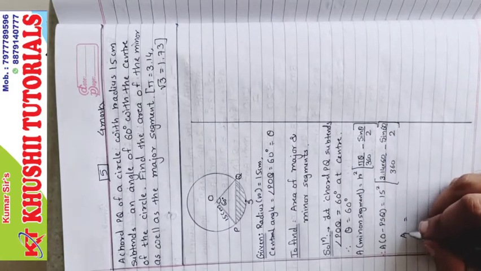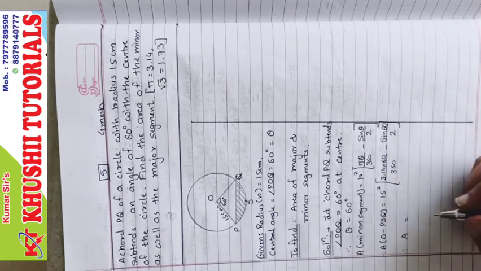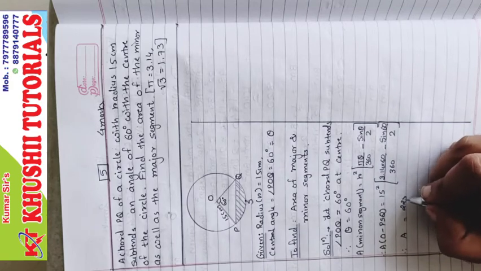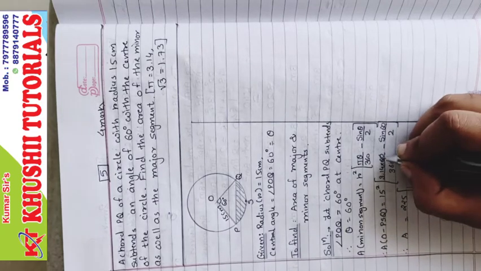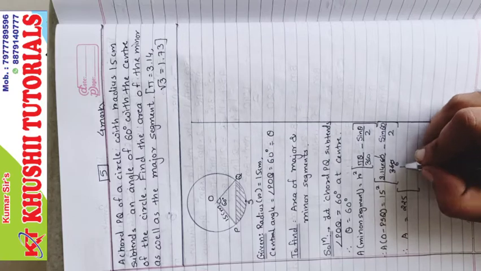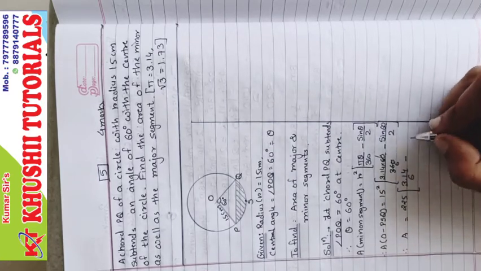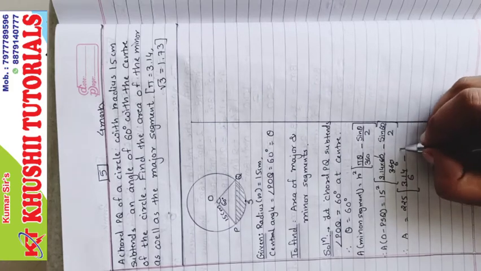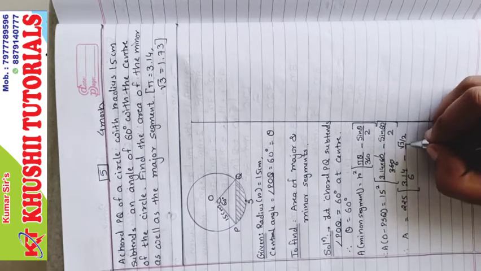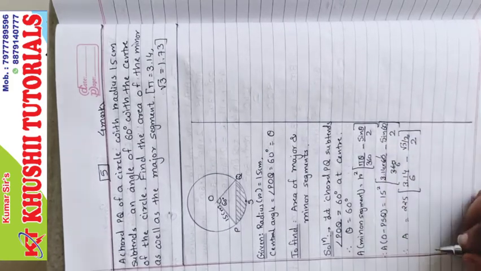So area now we will denote just as A. 15 square is 225, 60 ones are 6, 6 are, so 3.14 by 6 minus sin 60 is root 3 by 2 upon 2.